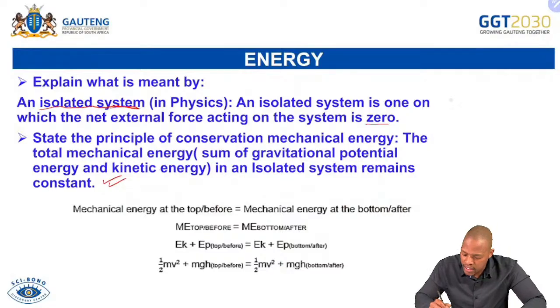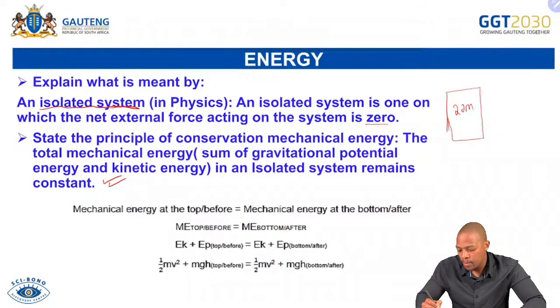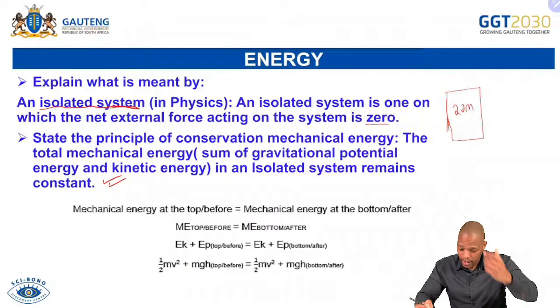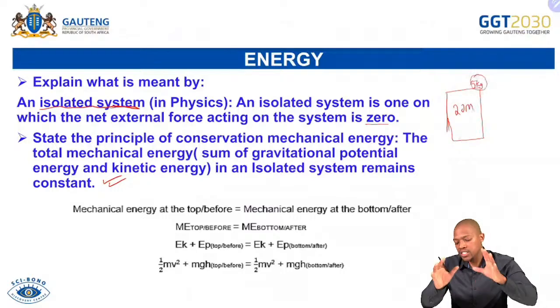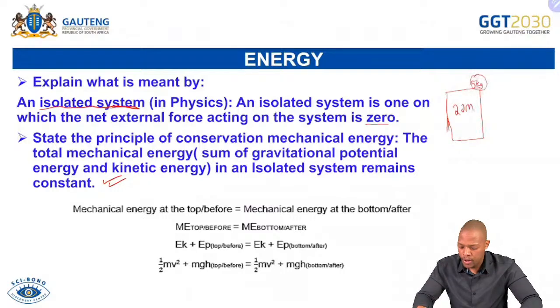So let's say you have that high building that we were talking about. Here's the high building, very high building there of 20 meters. Okay, let's say that is the height of the building. In this building, let's say you are having a 5 kg ball just resting on the edge of the building.